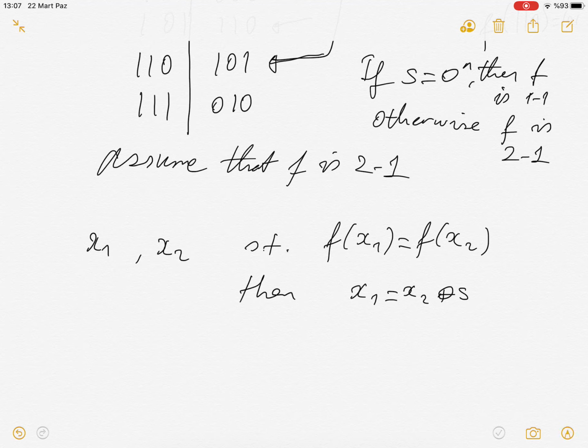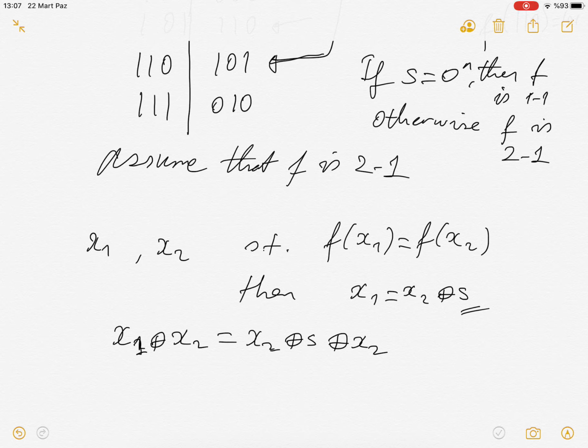And then we can obtain s by XORing both sides with x2. So we obtain x1 XOR x2 equals x2 XOR s XOR x2.